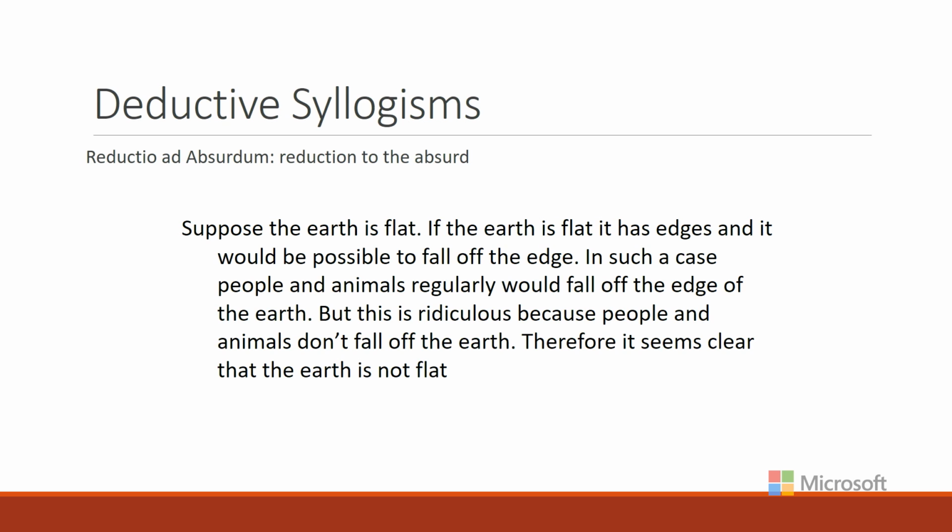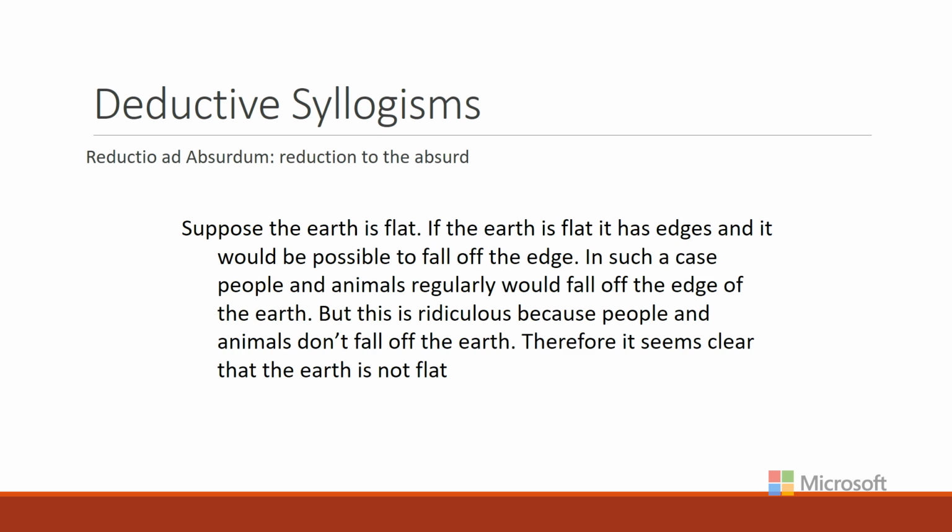So this is essentially a modus tollens argument in the reductio ad absurdum form. And anytime you say to a friend or someone else that you're talking with, a colleague, anytime you say, okay, for the sake of argument, let's assume your conclusion is true, you're using a reductio ad absurdum argument, which is a form of modus tollens. Okay?